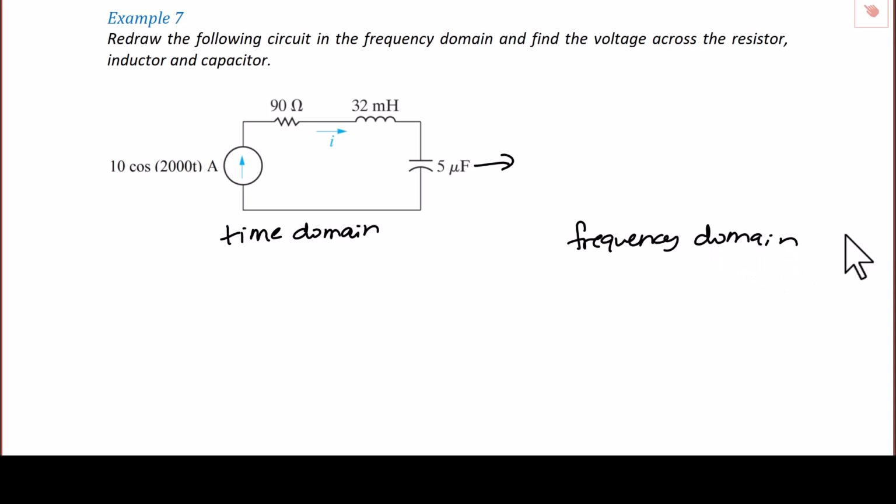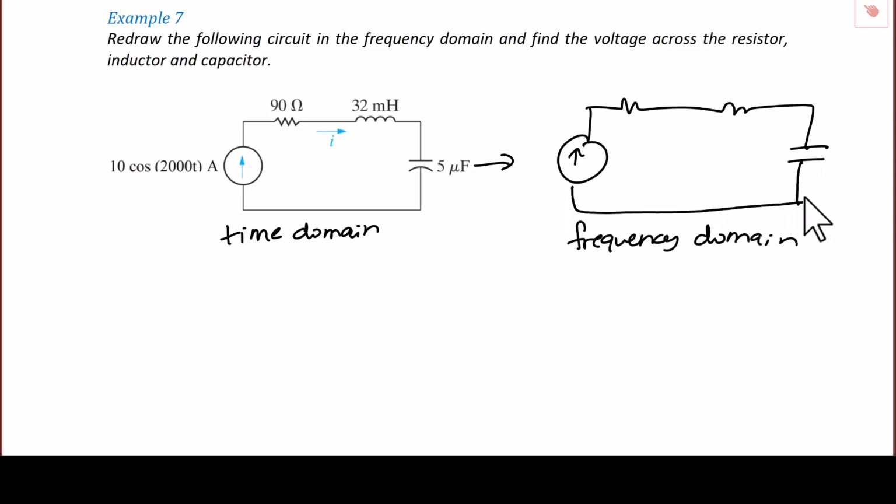So the first thing we do is convert from the sinusoidal steady state or time domain to the frequency domain. We write the current source as 10 angle 0 degrees.